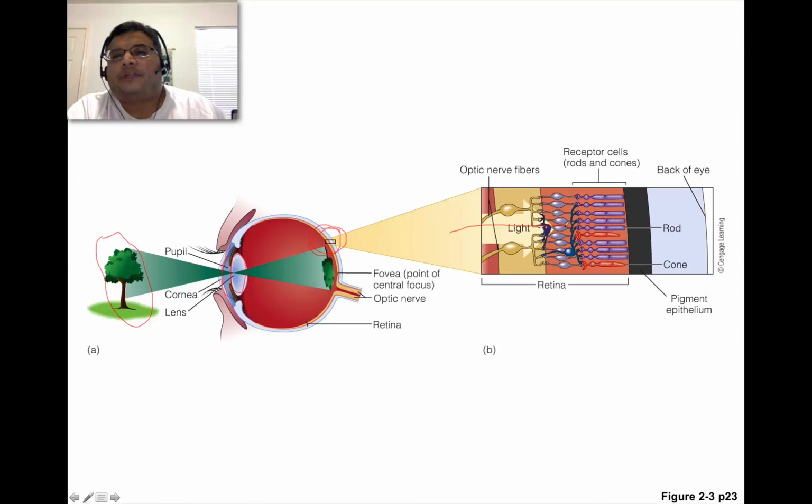As it's making its way, it's got to travel through all this junk before it finally reaches the rods and cones, which is kind of weird, right? But it's these rods and cones here, these little arrays of specialized neurons, that are responsible for detecting the presence of light. These are the little guys that do the work.